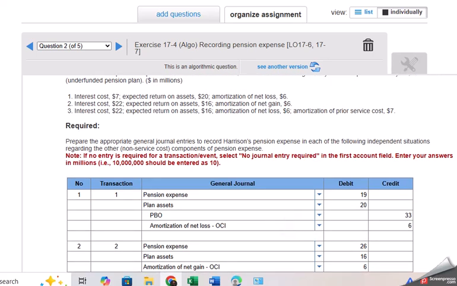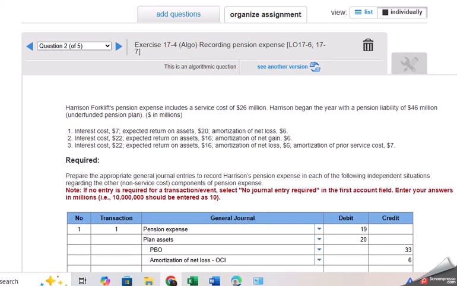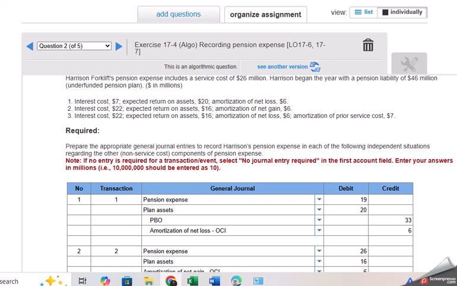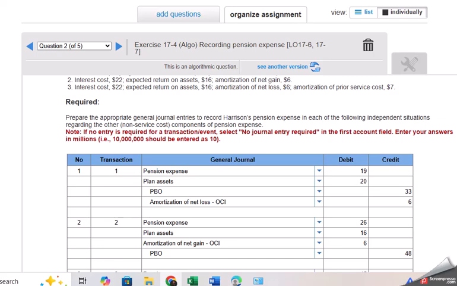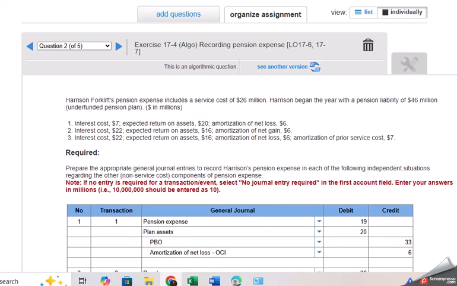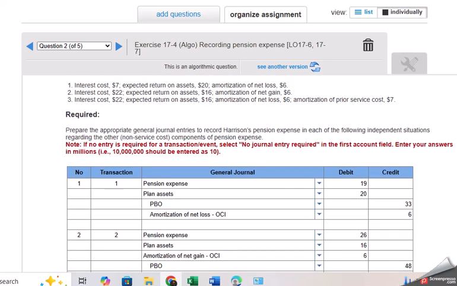Then in the second scenario, we still have the same 26 million in service costs. And we now have interest cost of 22. So the 26 million and the 22 are going to increase, or credit, our pension benefit obligation. Now, in this case, we have a gain.